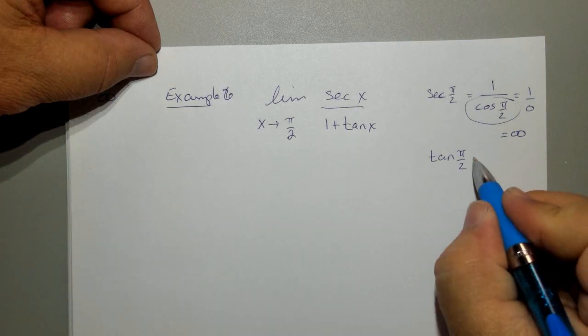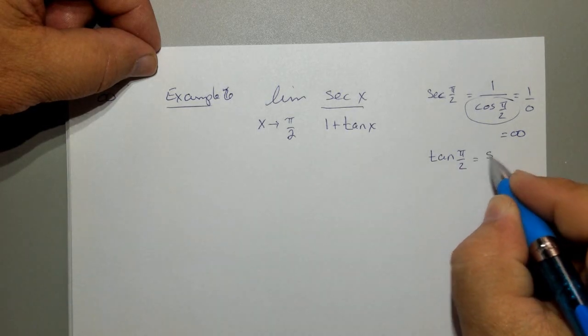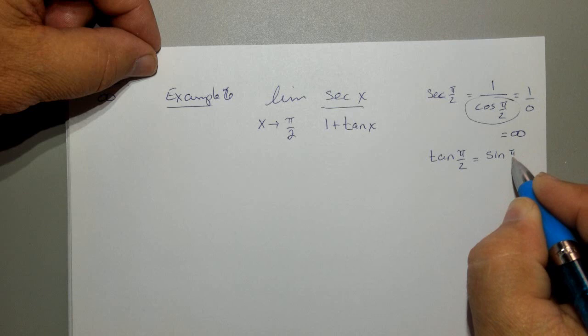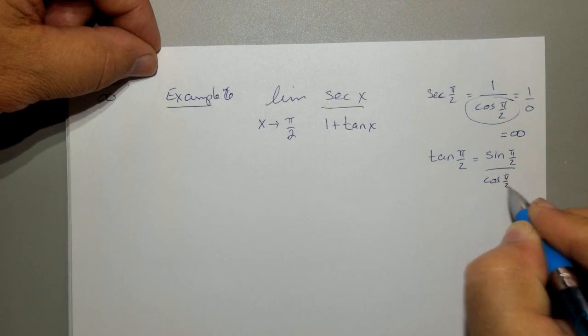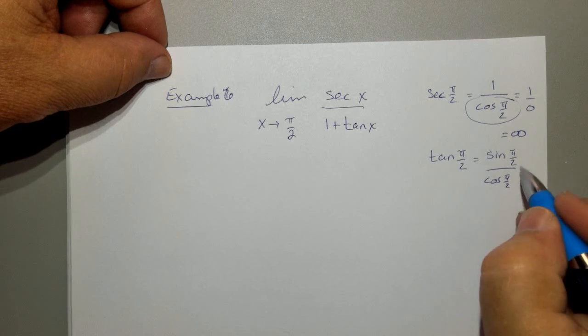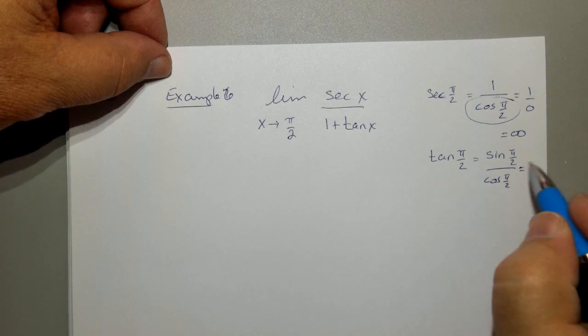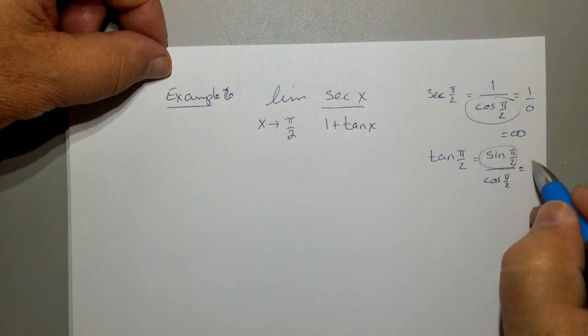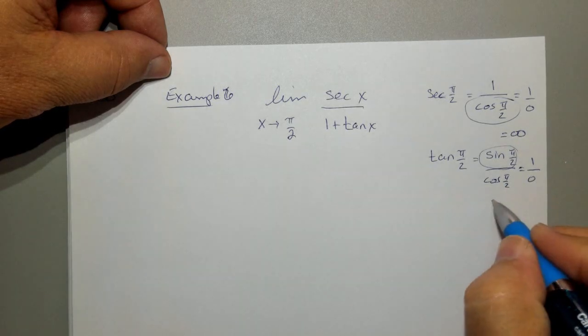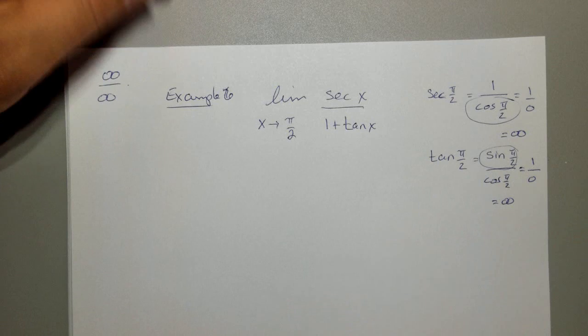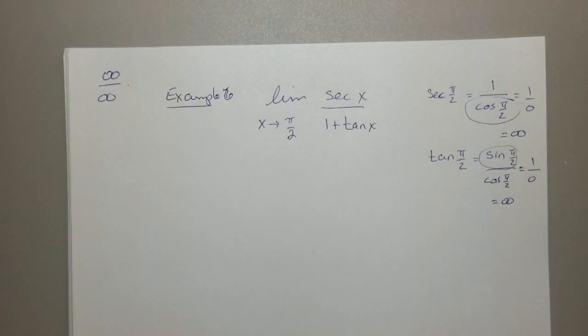Tangent at pi over 2 is sine over cosine at pi over 2. Sine at pi over 2 is 1, cosine is 0. So this function goes to infinity, so we have infinity over infinity.